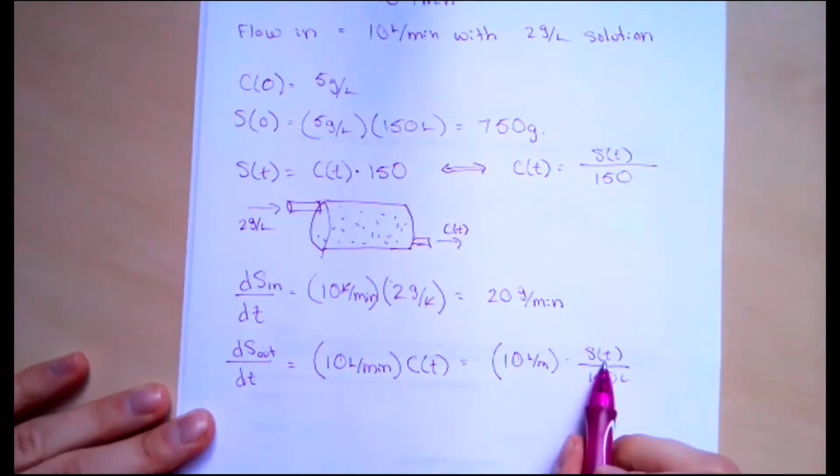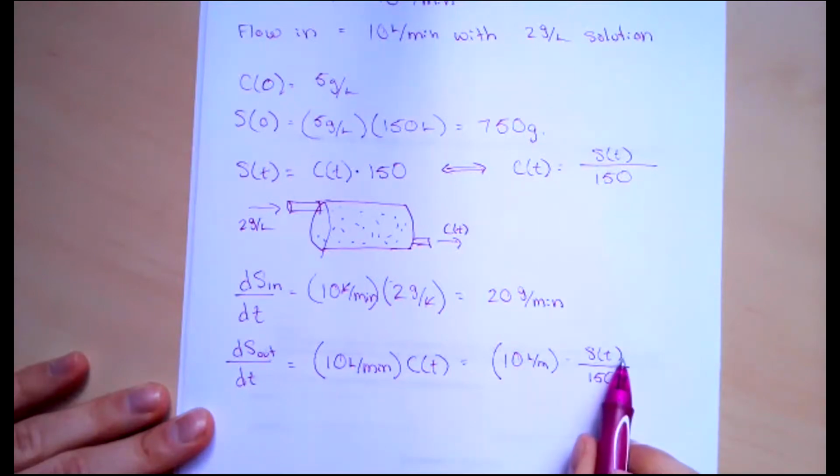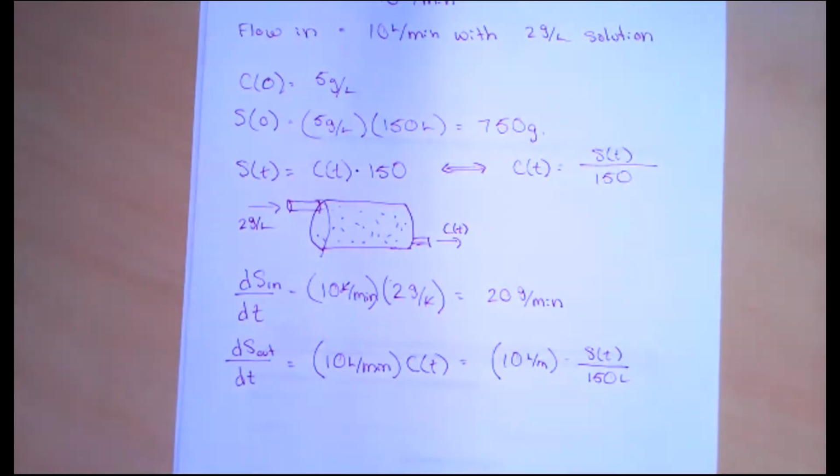So of course the units here are grams. The liters units are going to cancel and we should be left with grams per minute, as we expected in the previous case.